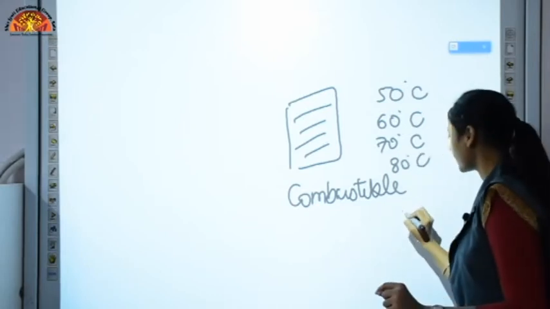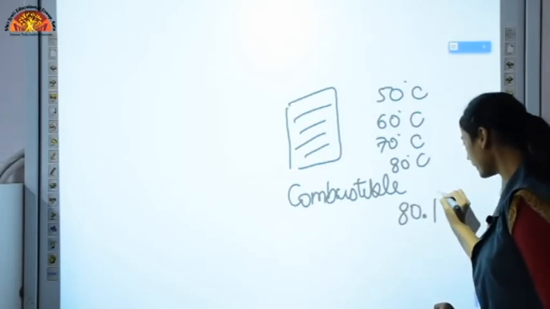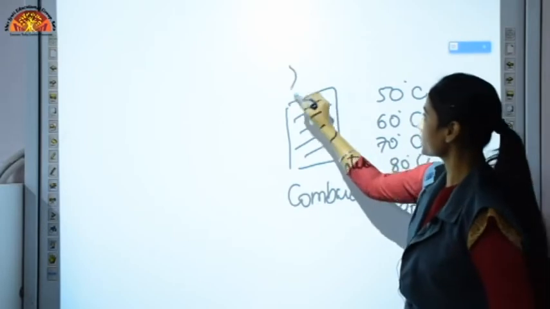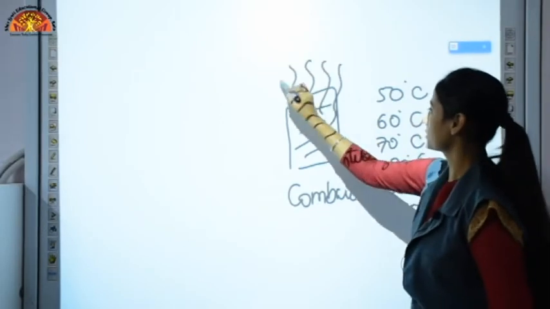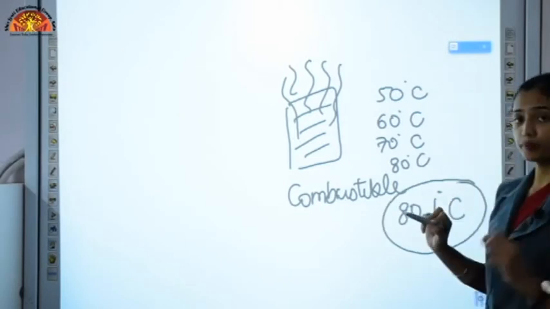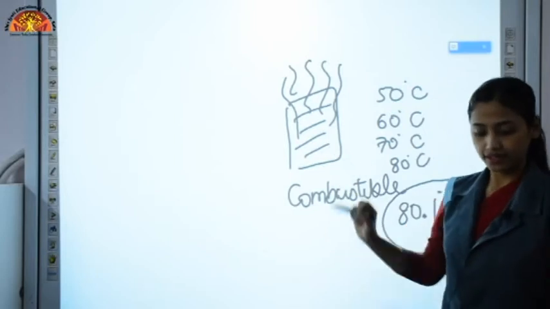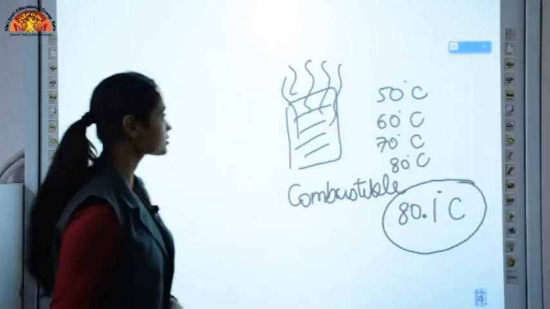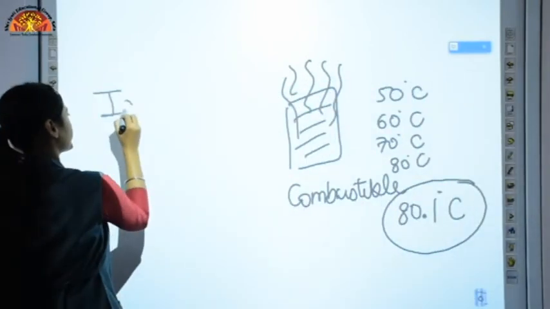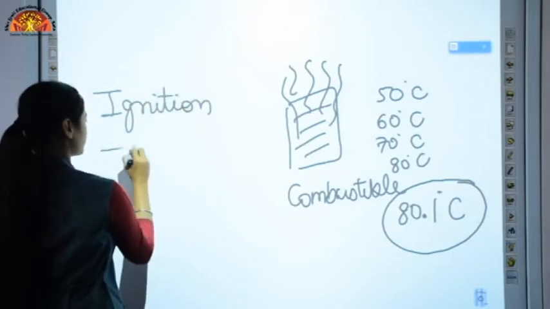Now as soon as the temperature rises to 80.1 degree Celsius, this paper starts burning. So this temperature, the minimum temperature which is required to burn this paper, is known as its ignition temperature. This is the next term of your chapter, ignition temperature.